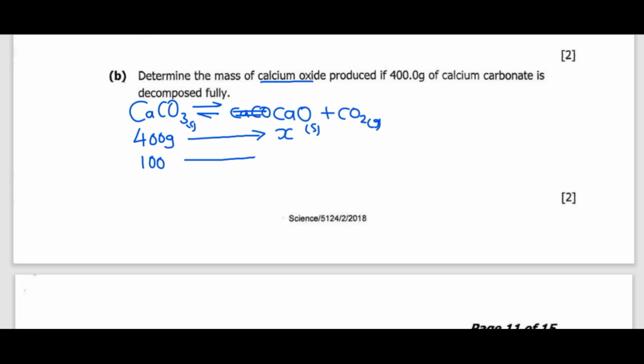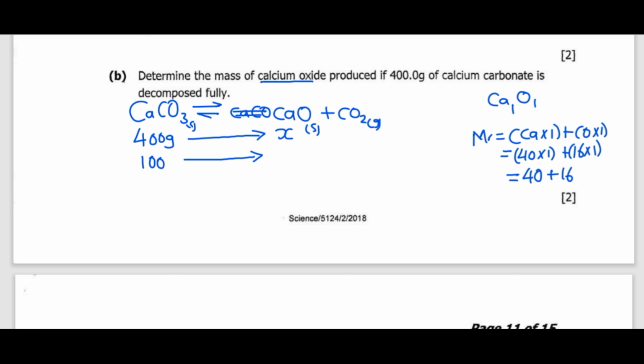If we hadn't found this 100, we would be supposed to find it. Then let's find the relative formula mass for calcium oxide. In calcium oxide there is 1 atom of calcium, 1 atom of oxygen. So this will be calcium times 1 plus oxygen times 1. Where there is calcium, we put the mass number 40 times 1 plus 16 times 1. 40 times 1 will give us 40 plus 16, so here we are going to have 56.